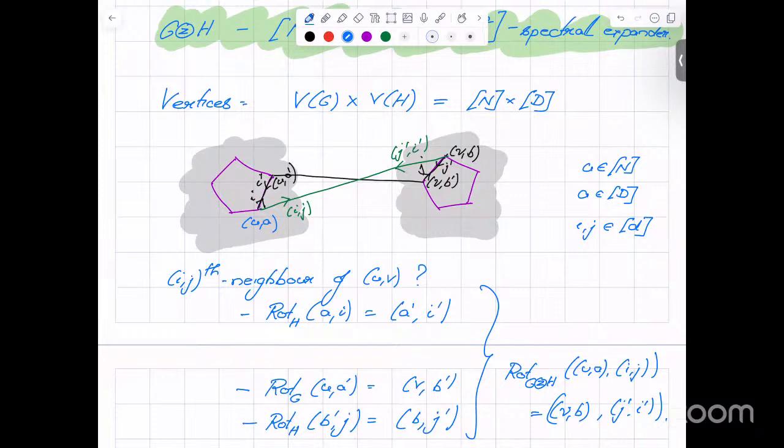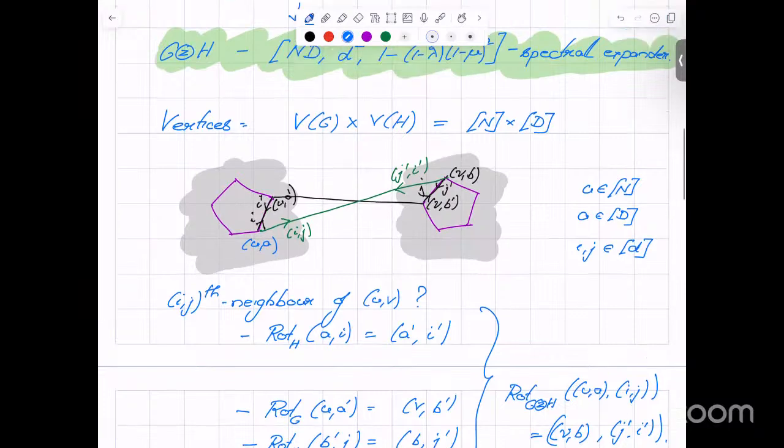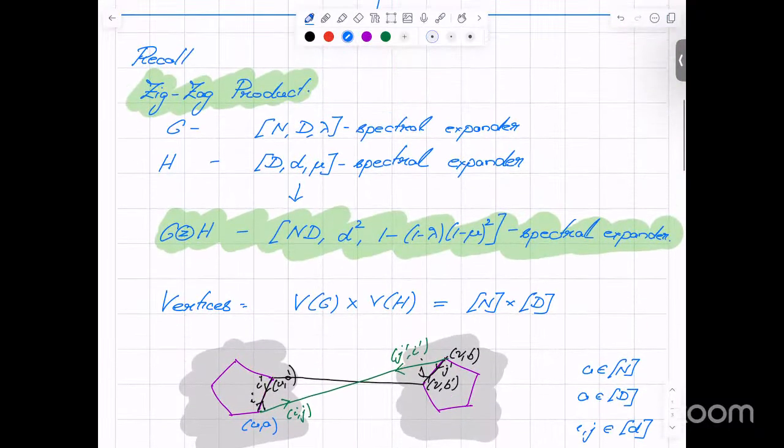So when you're doing rot H, the A is saying which vertex in the small graph you're taking, but in rot G, that A prime is saying which neighbor you are. So here A is playing 2 roles. Here it is A is B, because these 2 guys are matching. And that's important for the zigzag product to happen. The degree of the large vertex should be equal to the number of vertices.